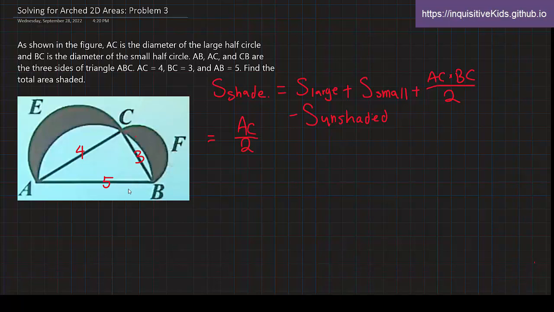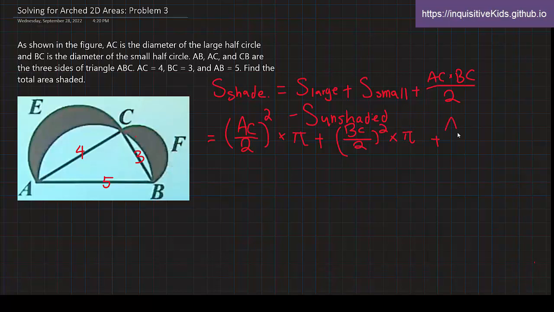So as always, a good tip is to first simplify and then substitute. So here we have AC divided by 2 squared and then multiplied by pi. Okay, so that's the large, and then we add the small semicircle, which is BC divided by 2, that squared, times pi.